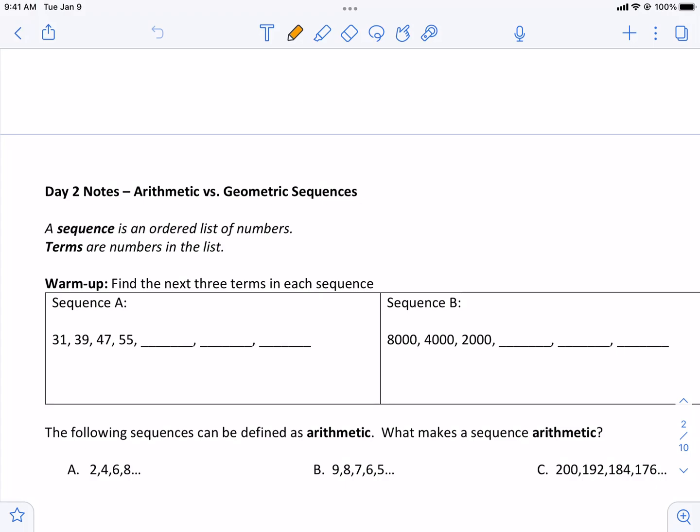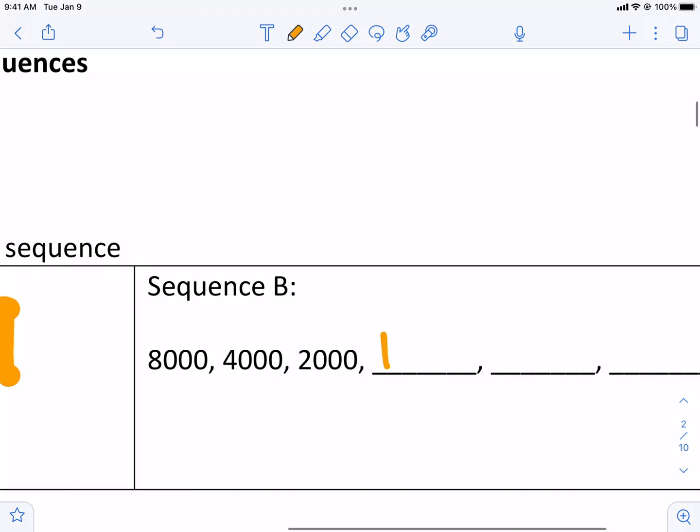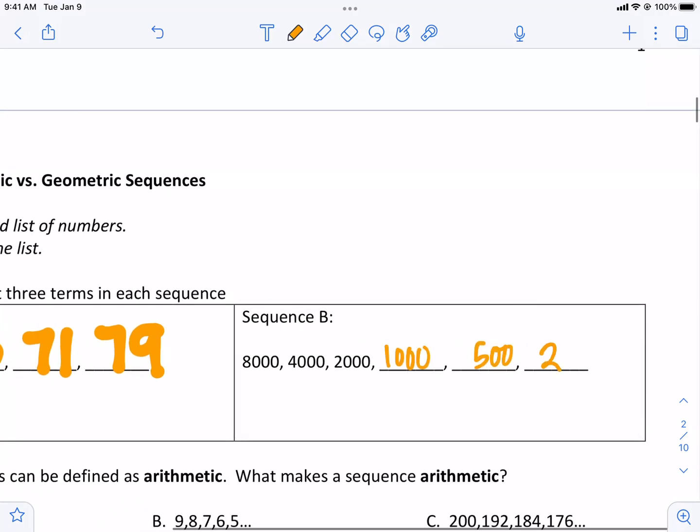So in sequence A, the next three terms would be 63, 71, and 79. And in sequence B, it would be 1,000, 500, and 250.